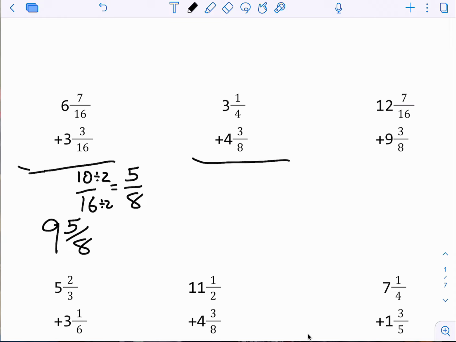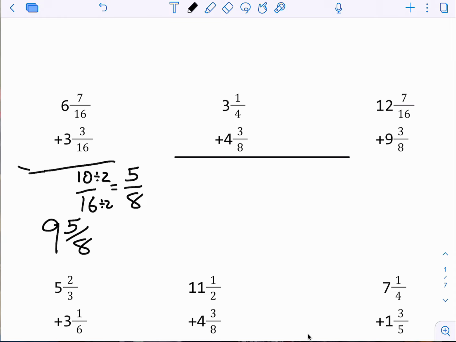Another one. Okay, so now we're going to get into where I don't have common denominators yet. So we're going to have to find equivalent fractions with common denominators. If you remember the steps, the first thing I do is look at the larger denominator and say, is that a multiple of the smaller denominator? In this case it is.